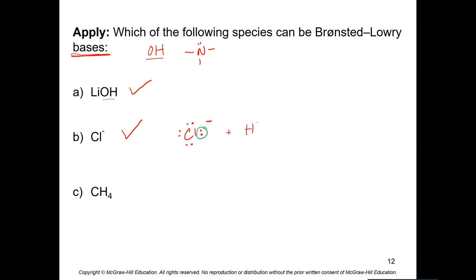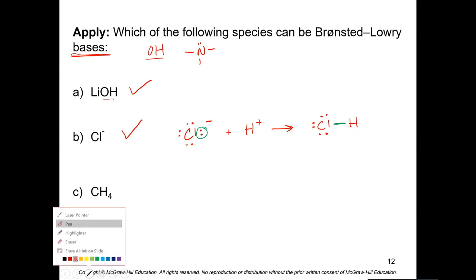So, for example, this can go to H plus, because H plus does not have any valence electrons. So it's going to make that bond there. And basically what we have is HCl. So Cl minus is a Bronsted-Lowry base. What about CH4? Well, it has hydrogens, but we're looking at bases.